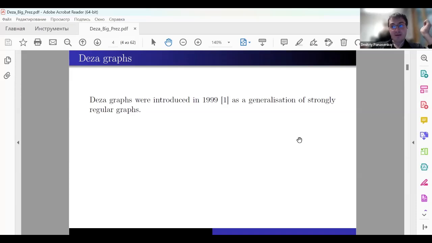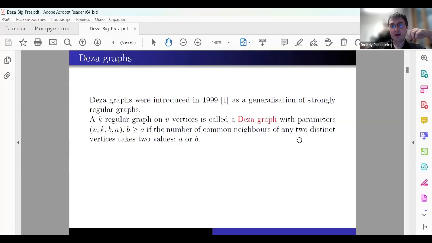Deza graphs were introduced as a generalization of strongly regular graphs. Of course, you can generalize SRGs in many different ways, but these graphs use this approach. We keep the restriction that there are only 2 possible numbers of common neighbors, but we remove the requirement that the vertices should be adjacent or not.